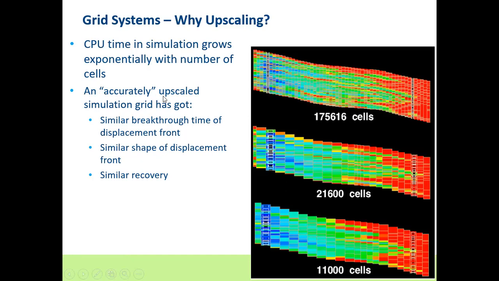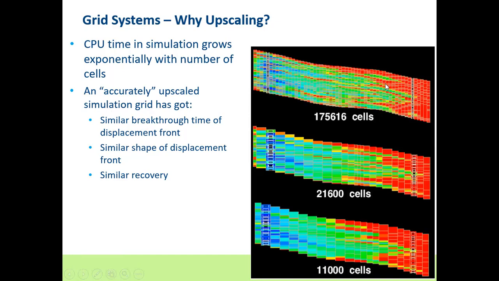So this is the fine geological model, this is upscaled, and this is further upscaled. One of the important things for an accurately upscaled simulation model is the breakthrough time, that's the breakthrough of your flood front at the producing well. Is it similar in the upscaled model to the fine grid model?